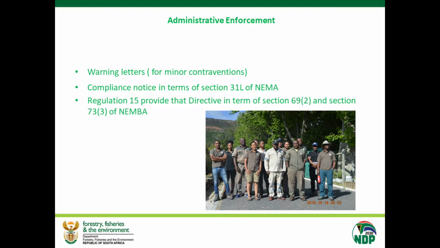A pre-directive notice gives the owner of the property a chance to tell us what you are going to do about the problem on your property. How are you going to deal with the problem? That's where you're going to tell us.